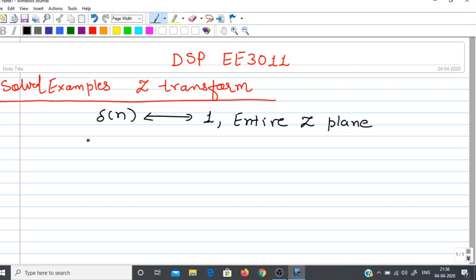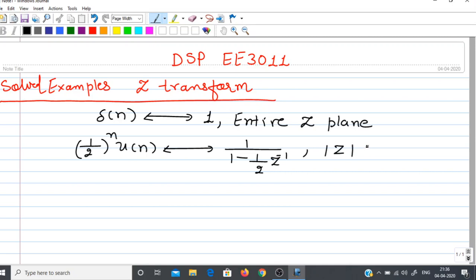And then we saw Z transform of another sequence. It is an infinite duration sequence, half to the power n u[n], and its Z transform was 1 upon 1 minus half z inverse with ROC mod z greater than half.